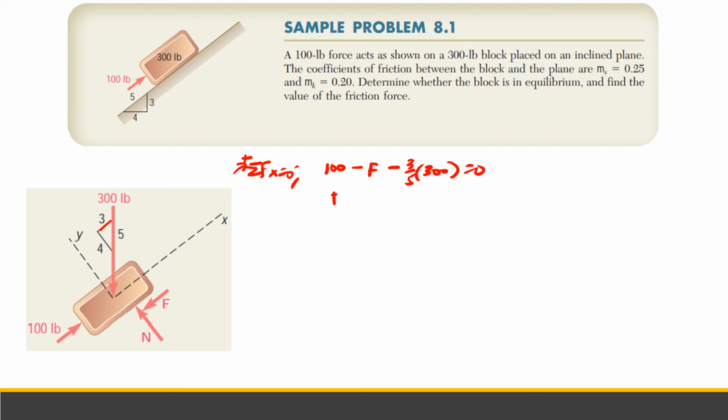So F is equal to negative 80 pounds, meaning the assumption is incorrect. Force F is acting upward, therefore F is equal to 80 pounds upward.